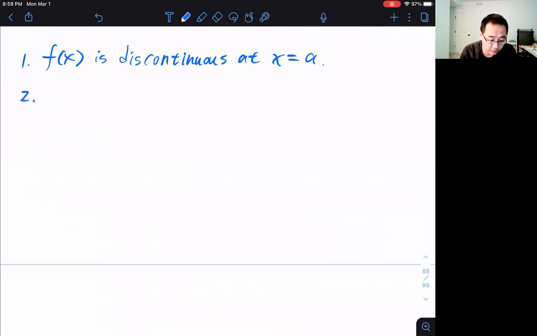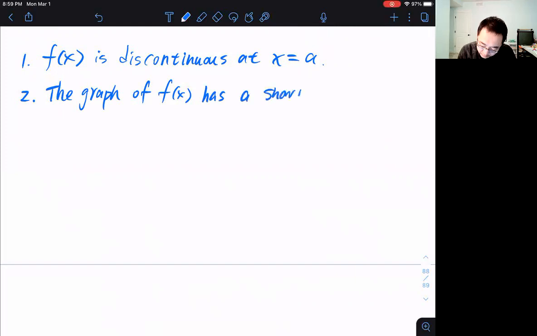Two, if the graph of f of x has a sharp corner at x equals a, that also is not differentiable, right?